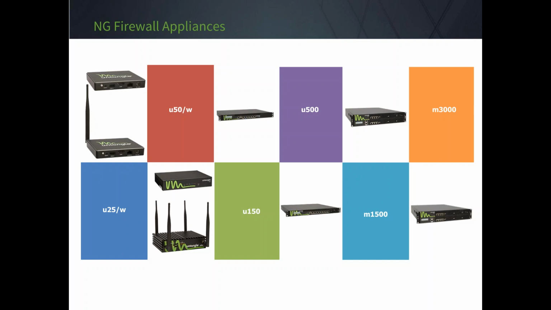So the U25 is a great little box for branch offices, smaller offices. It supports about 25 to 30 devices on the network and gives you the full functionality of a firewall filter. And then we go up to an M3000, which supports larger deployments, schools, universities, government, municipalities, and the like. So the larger your deployments, we can still support you as well.